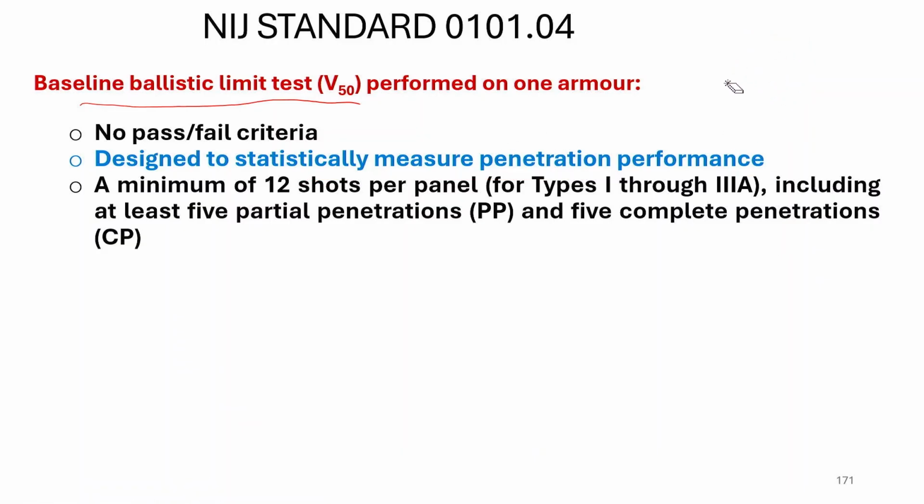So, a minimum of 12 shots per panel for type 1 and type 3A, we have to perform with the lower level of protection, including at least 5 partial penetration and 5 complete penetration out of these 12 shots.